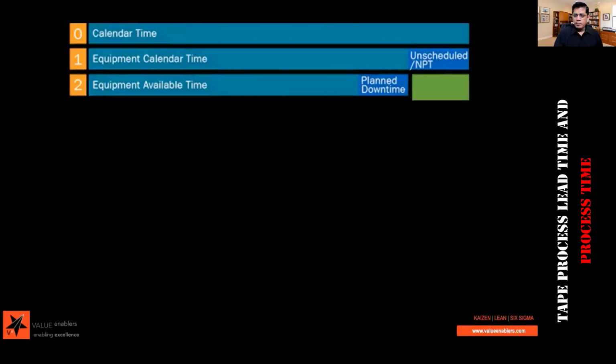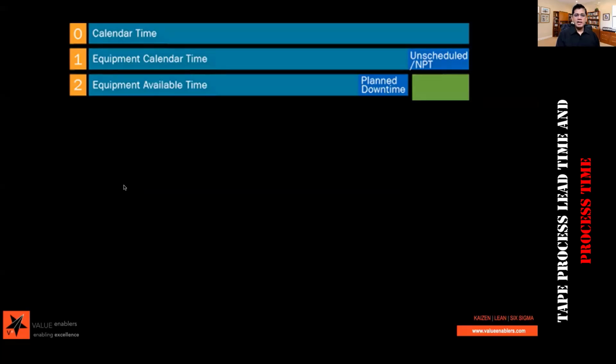And different people represent it in different ways. They call it calendar time, equipment calendar time, equipment available time. So as lean practitioners, get familiarized with various words, all of them old wine in new bottles, representing in different ways, like we see in the Wednesday sessions: PDCA methodology, DMAIC methodology, A3 methodology, 8D methodology, RADAR methodology, all the same framework, okay? So when they use different ways for their own convenience of communication, don't get scared, okay?